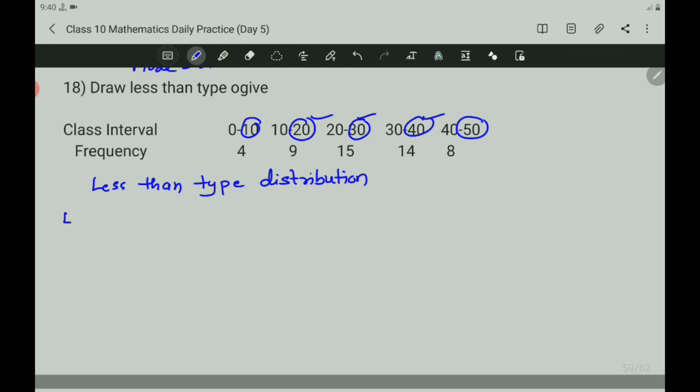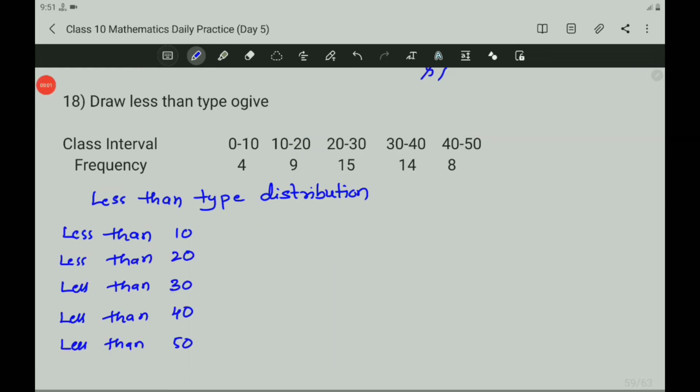So you write less than 10, that is 4 frequency, and then you write the frequencies. First, less than 10, 4. Less than 20 means you must add these 2. So you add 9 to this 4, that becomes 13.